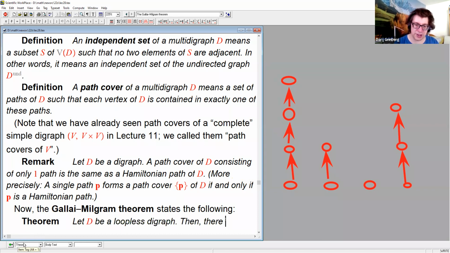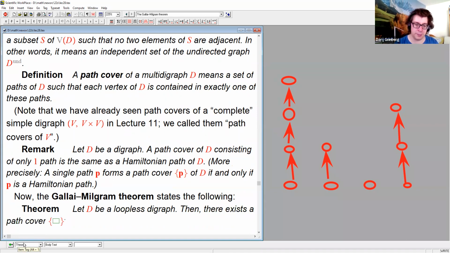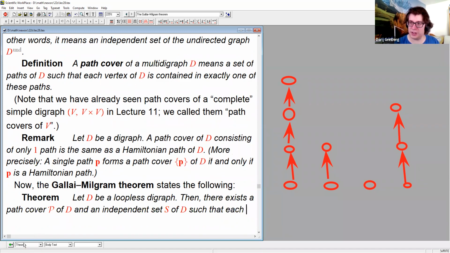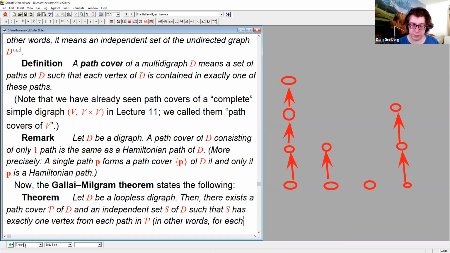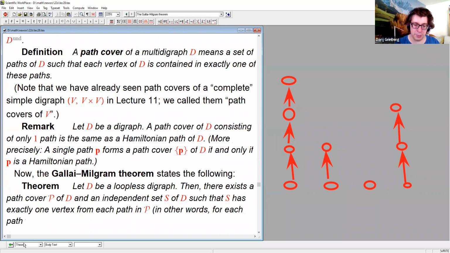Then there exists a path cover, let me just call it P of D, and an independent set, let me call it S of D, such that S has exactly one vertex from each path in P. So in other words, for each path P in P, exactly one vertex of P belongs to S.